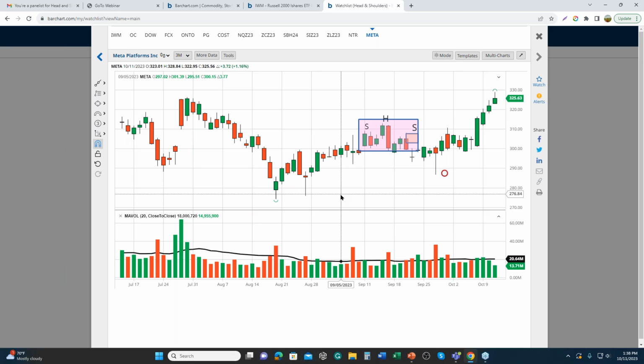So this variation is about what we call the fractal nature of markets. In other words, patterns inside of patterns. Now, you might encounter this scenario that the head, or in this case the right shoulder, is a mini head and shoulders pattern. And this just adds to the confidence of the larger time frame pattern, right?